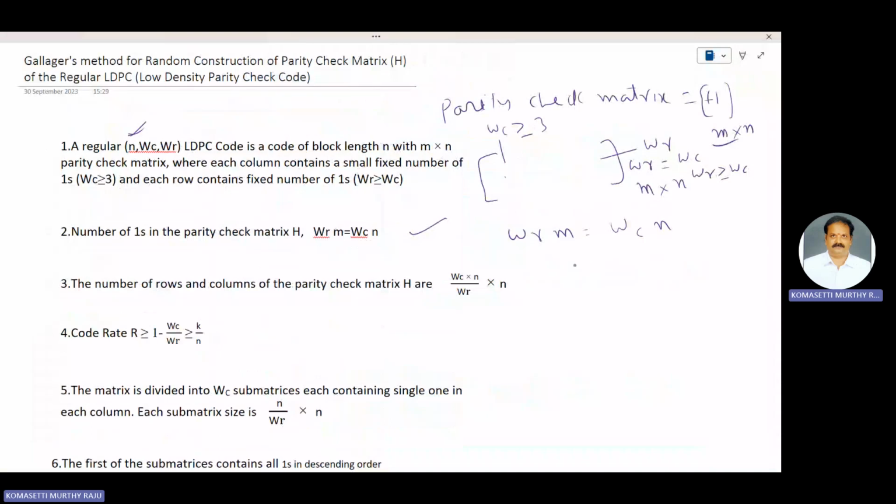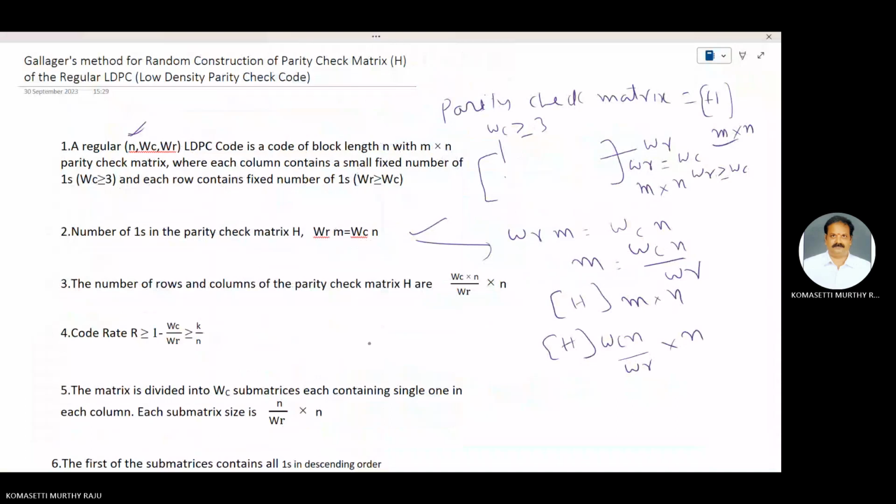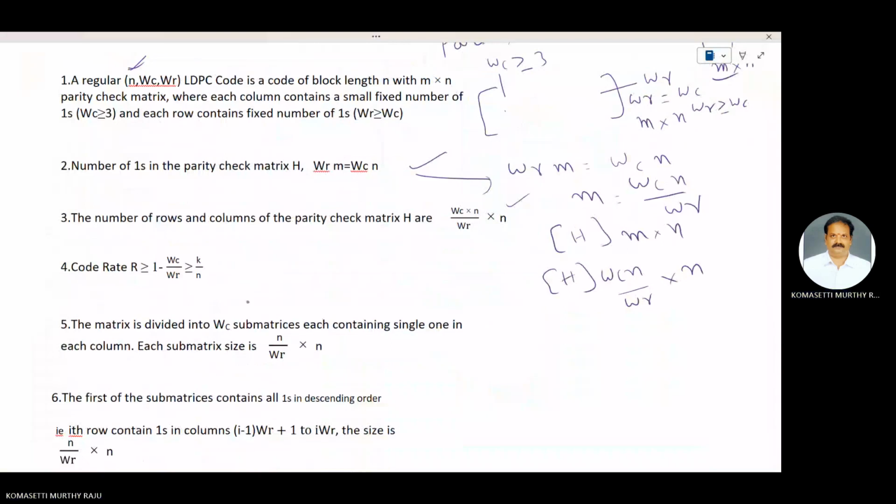From that, we have to calculate M. M is equal to WC into N by WR from this equation. The code rate of that regular LDPC code is R greater than or equal to 1 minus WC by WR.